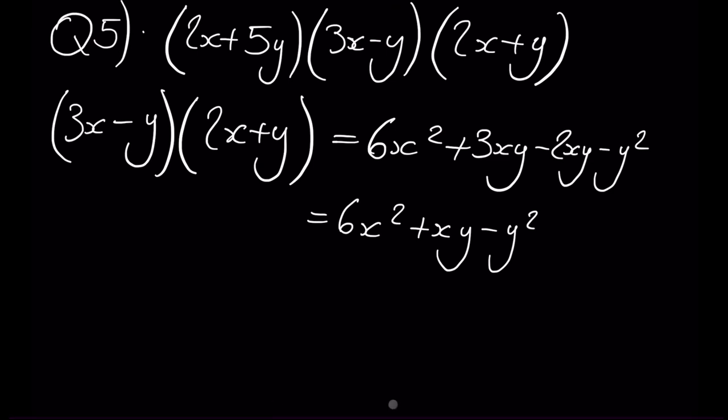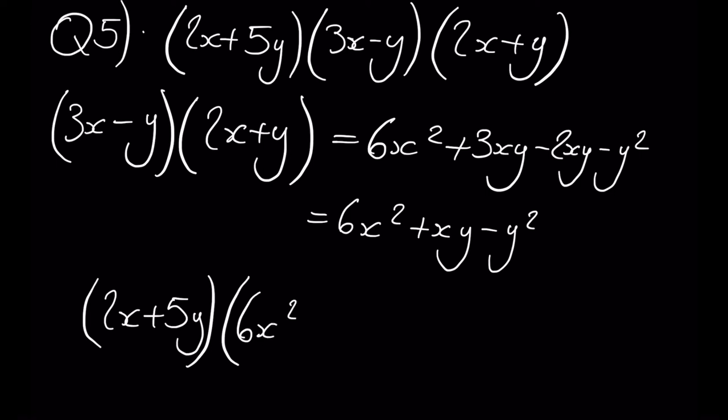And then I rewrite this whole thing like this. So 2x plus 5y multiplied by 6x squared plus xy minus y squared.